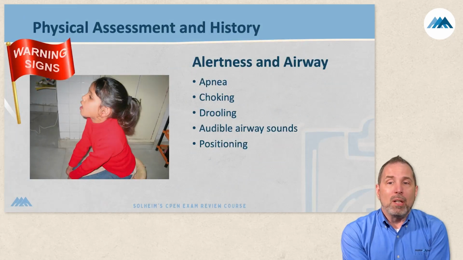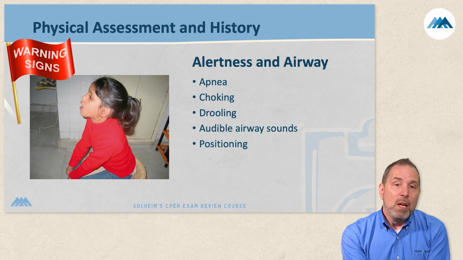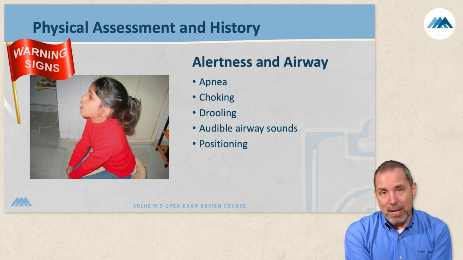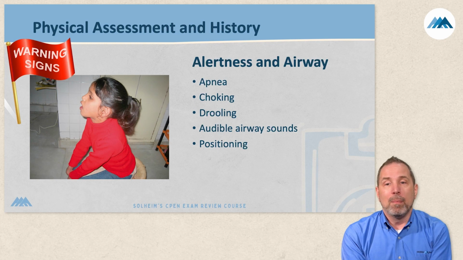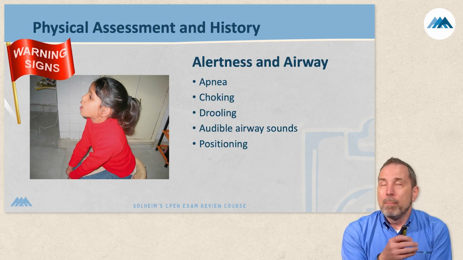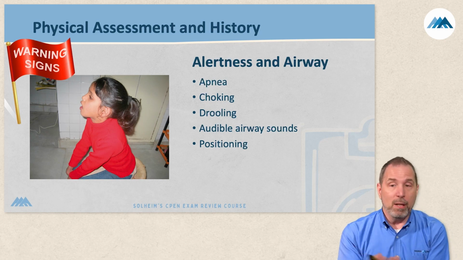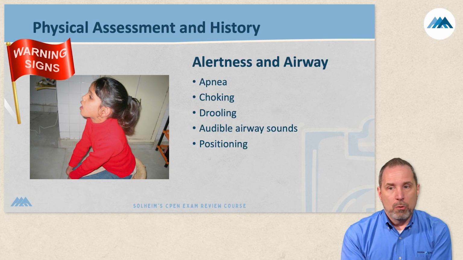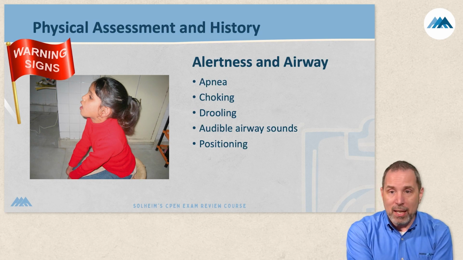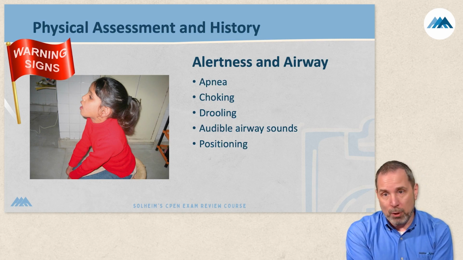So in your alertness and airway section of your physical assessment, watching for things like apnea, choking, drooling, because when you're looking at these things, so if they're not breathing, apnea, right? Obviously, that's trouble, right? But why are they not breathing? That's the key. So in a kid, you want to use that as a springboard to dive deeper.